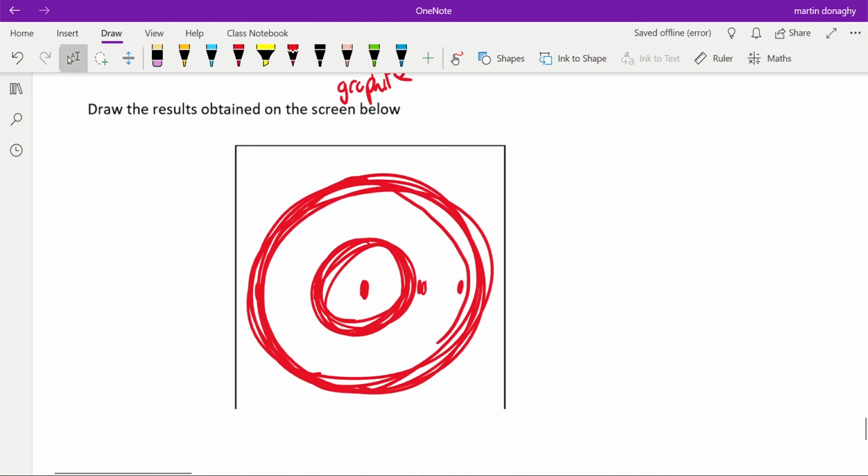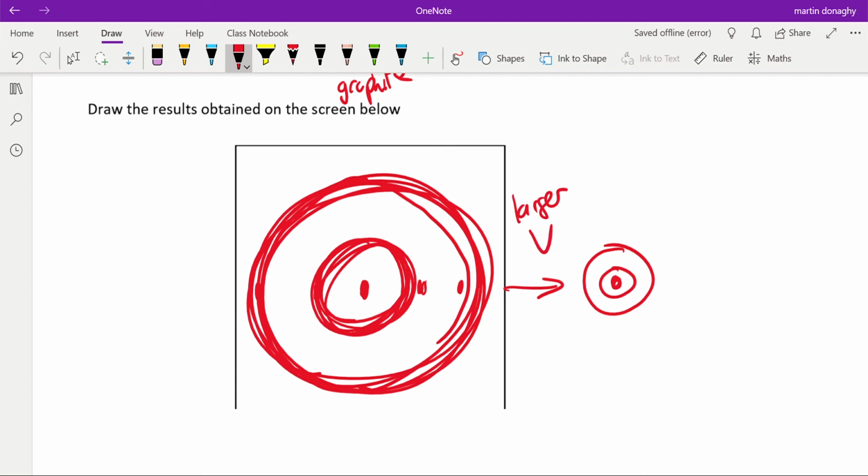So rather than getting a pattern like this, we get rings that are closer together. So when we use a larger voltage, it goes from this pattern, which was good enough evidence for the electrons behaving like waves, to this, the thing we would predict if we used a larger voltage, which produces a larger velocity, which produces a smaller wavelength, and we get less diffraction.